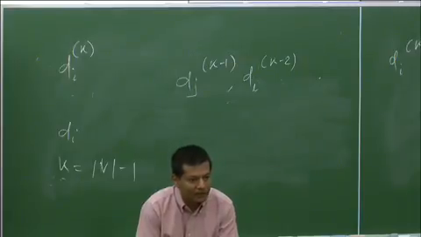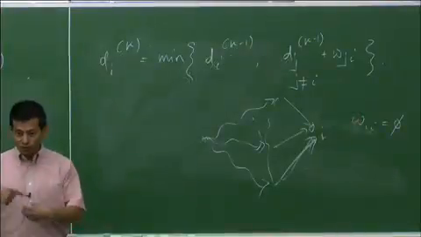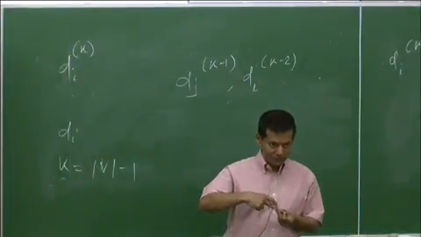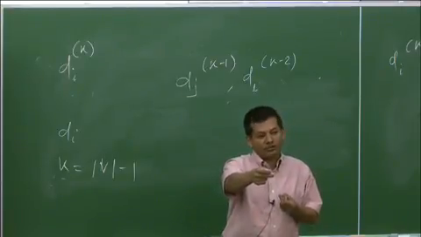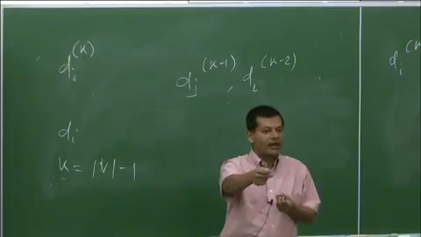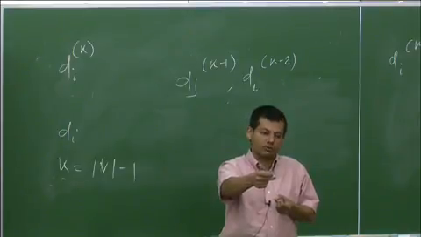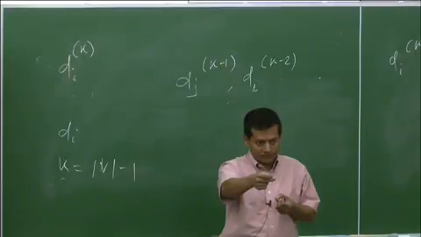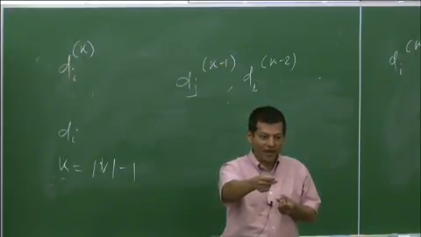Why do I need the first piece? Okay, remember, if there is a path from the source to a node i, which is the shortest path and is of length 3, and I ask you what is the shortest path from the source to node i of length 4 or less, you will not add any edges to the path.